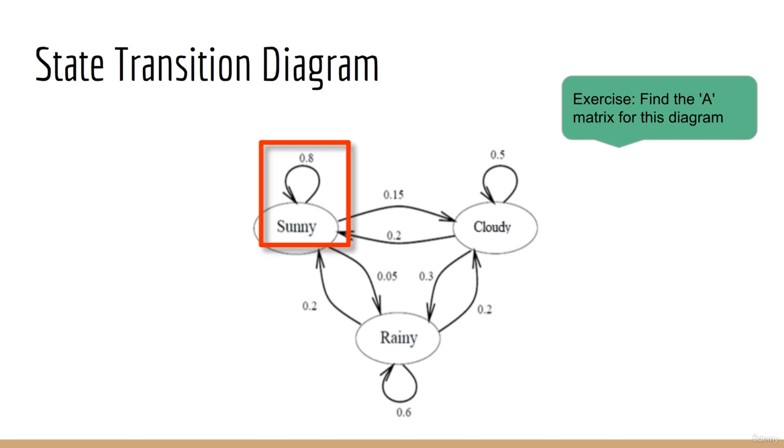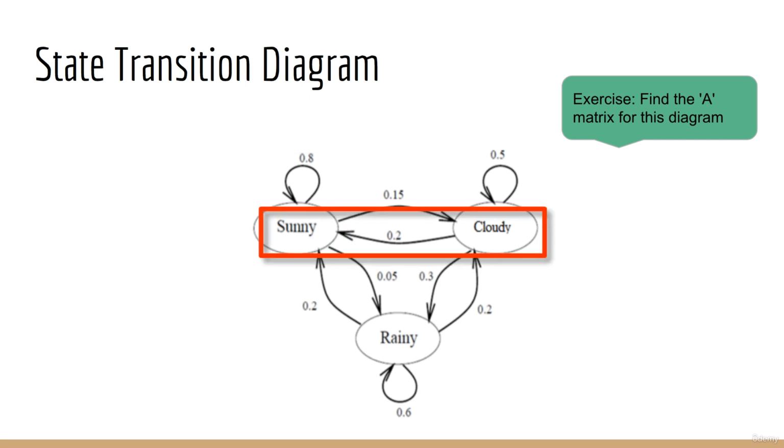So for example, the probability of it going from sunny to sunny is 0.8. The probability of going from cloudy to sunny is 0.2. Note that this diagram assumes that the Markov model is time homogeneous, since these probabilities hold no matter what time step we are at. As an exercise, try to figure out what the state transition matrix for this Markov model would be.